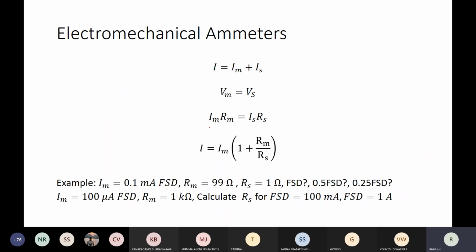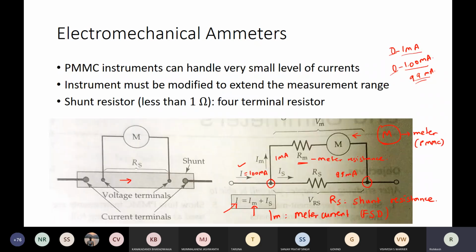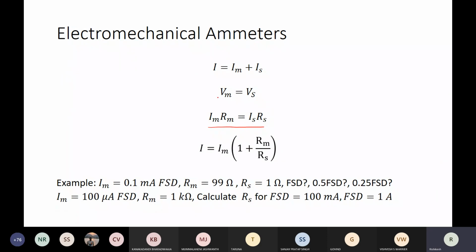So IM RM is equal to IS into RS, because they are connected in parallel, right? And we also have the expression that I is equal to IM plus IS. So we use these two to get a relationship between the measured current and the meter current and the resistance of meter and shunt resistance.